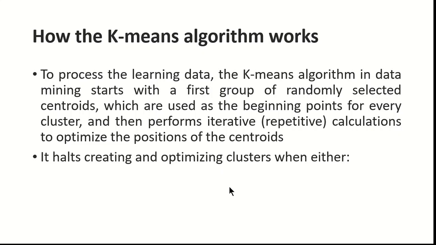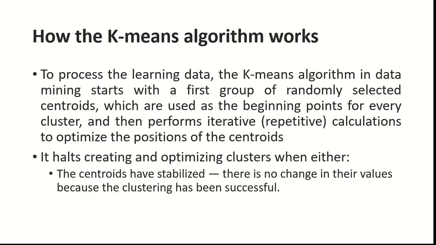It halts creating and optimizing the clusters when the centroids have stabilized. That means the centroids are not changing much. The position of the centroid is stable, with no change in its values, because the clustering has been successful. That is one point when we stop the iterations.